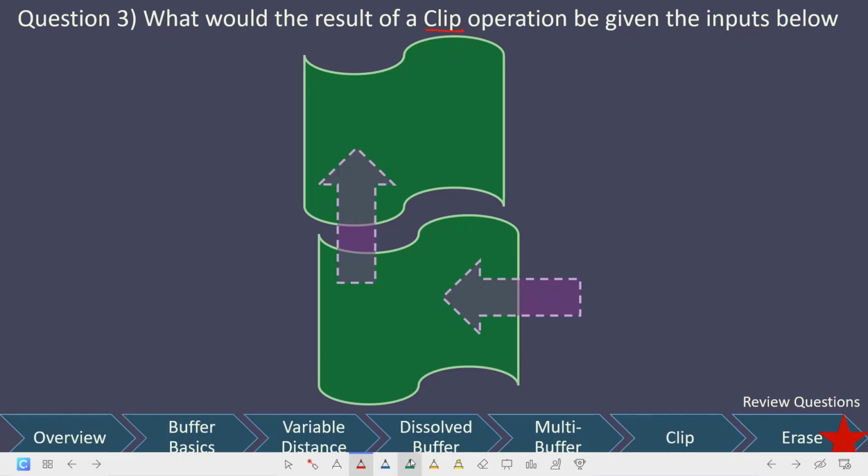But given the exact same two input features, and the exact same two, in this case, clip features, what would happen if we were to run the analysis using clip?